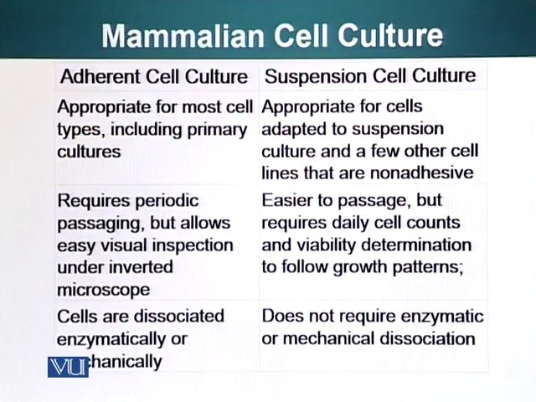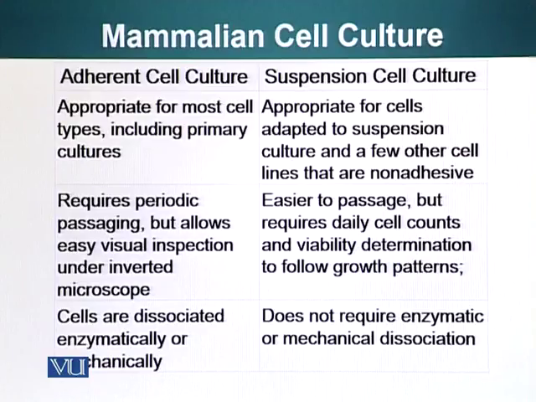Grossly, we can divide cell cultures into two groups: adherent cell culture or suspension cell culture. Adherent cell culture is appropriate for most cell types, including primary cultures. Suspension cultures are the cells that do not stick to a substrate or the bottom of the dish. They stay suspended in the media. These are generally the blood cells or the bone marrow cells.